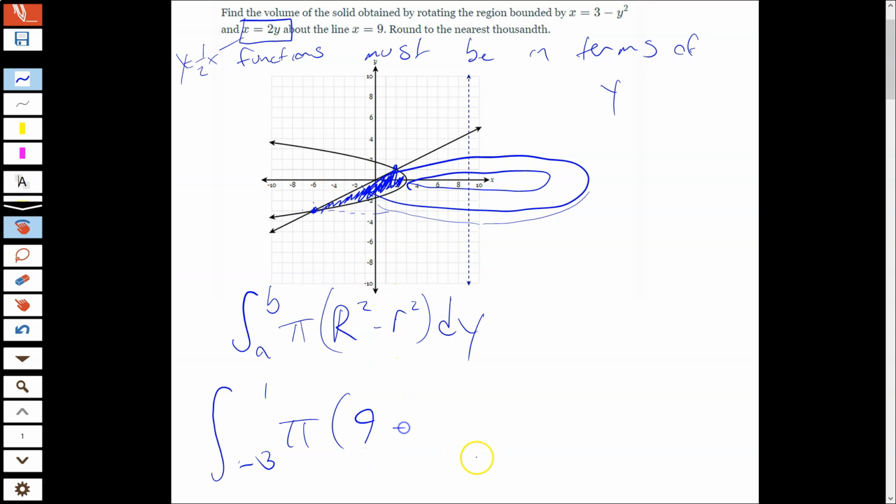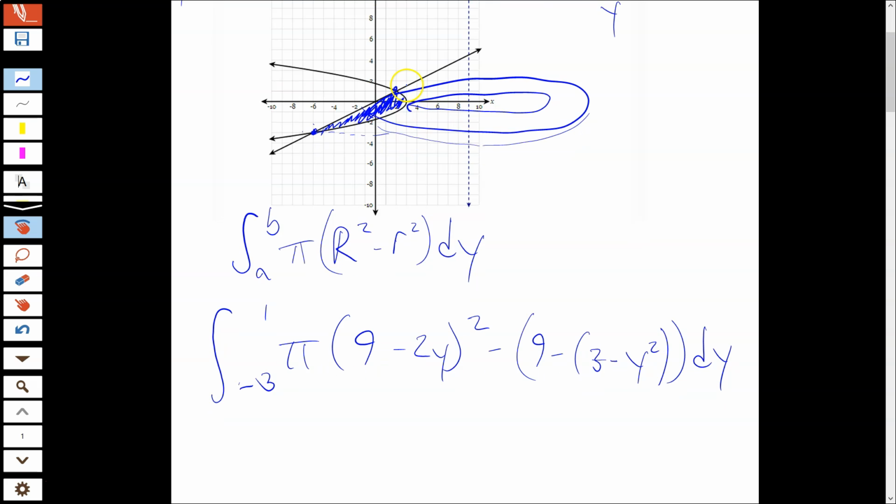So I'd say 9 minus 2y, so that's y equals 9 minus my left-hand function, squared, minus, and then same thing, 9 minus, what was the other one? 3 minus y squared. Parentheses around the whole thing, all again with respect to y. Okay? So other than that, the math is exactly the same as the previous lesson.